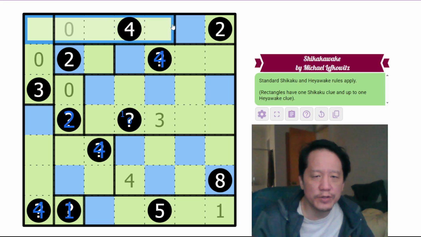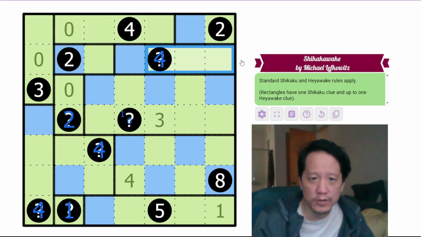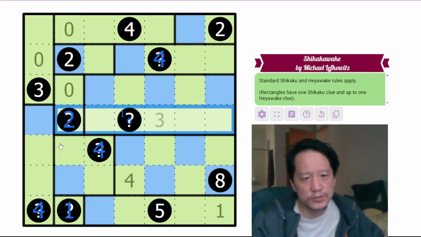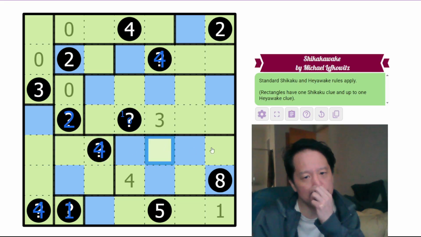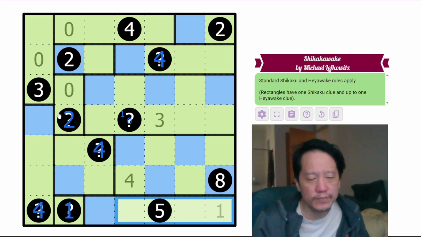2 rooms worth going that way. 2 rooms, 1 room going this way. 1 room. 2 rooms. 2, 1, 1, 2, 1, 2, 1 going that way.